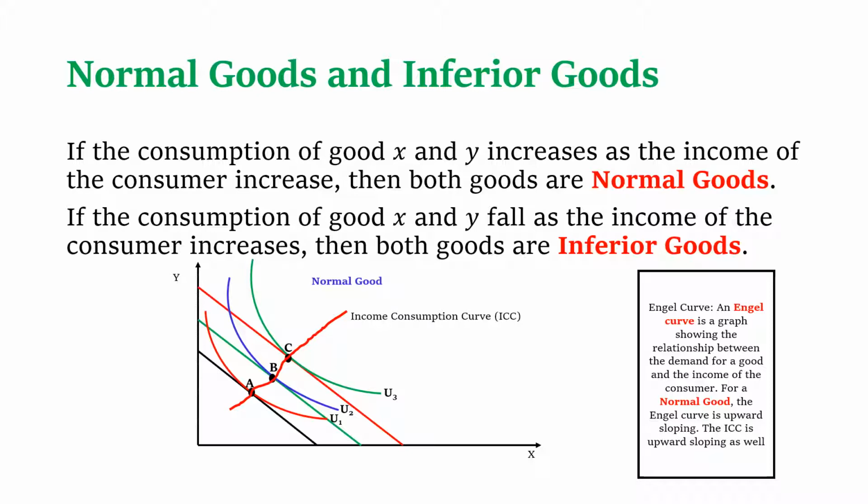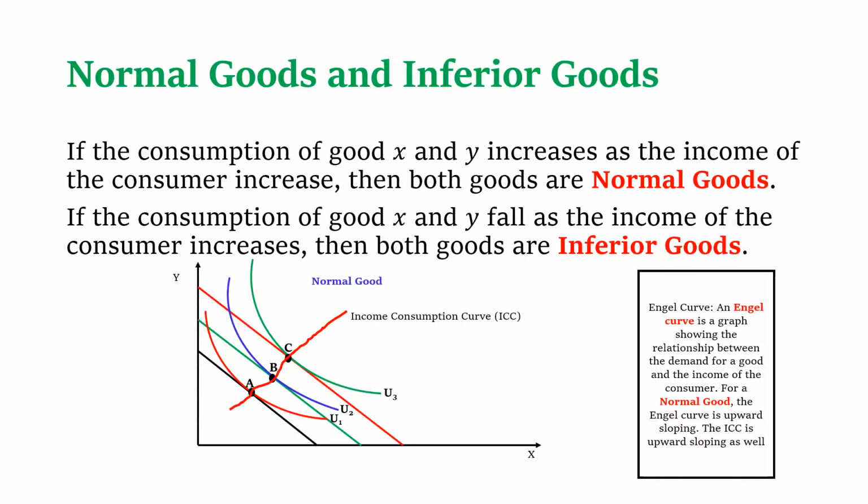And when his income increases again, he moves to a higher indifference curve, U3. So if we trace all those successive points of tangency between the budget line and indifference curve, we are going to get a curve which is referred to as the income consumption curve.